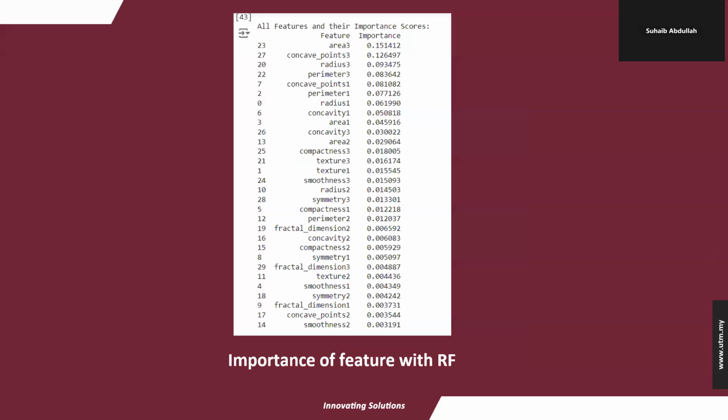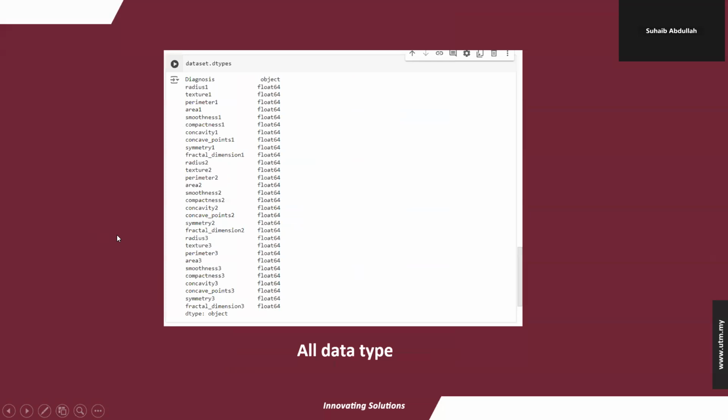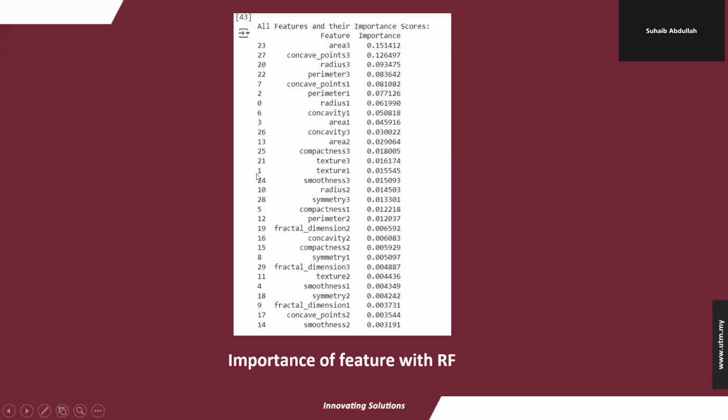Okay, so moving on. Here you can see the importance of features with random forest. After we finished the data pre-processing, we fed all the data into the feature selection process. Here we use only random forest. The random forest algorithm takes in all the data from the data set, and then it performs its feature selection.